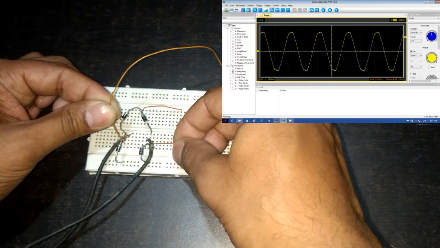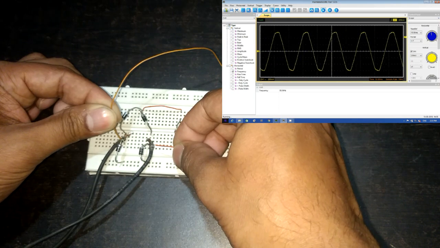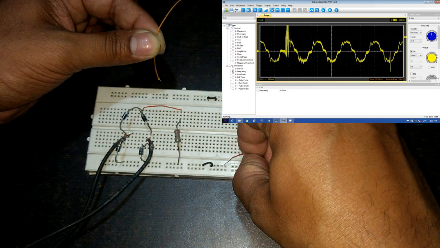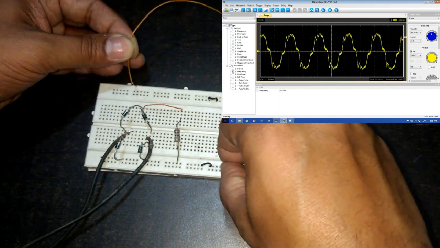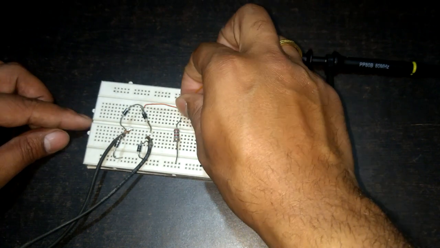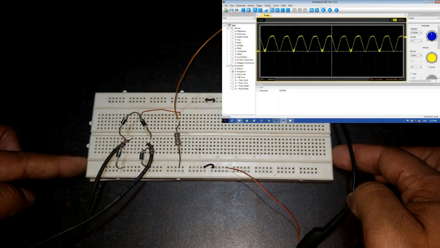Here we see the input AC supply. and this is full wave rectified output.